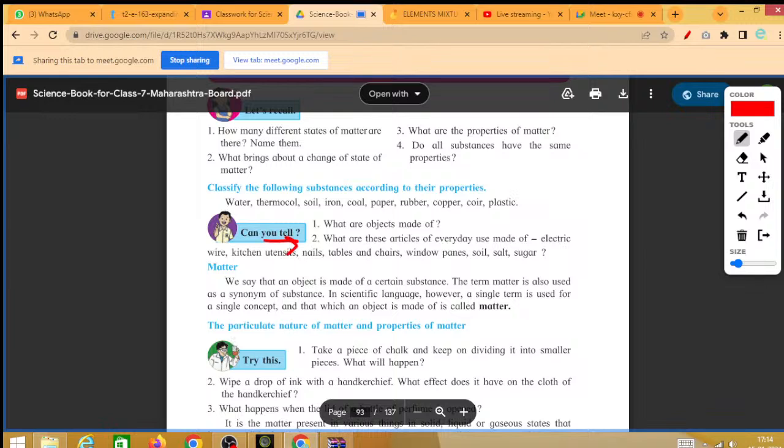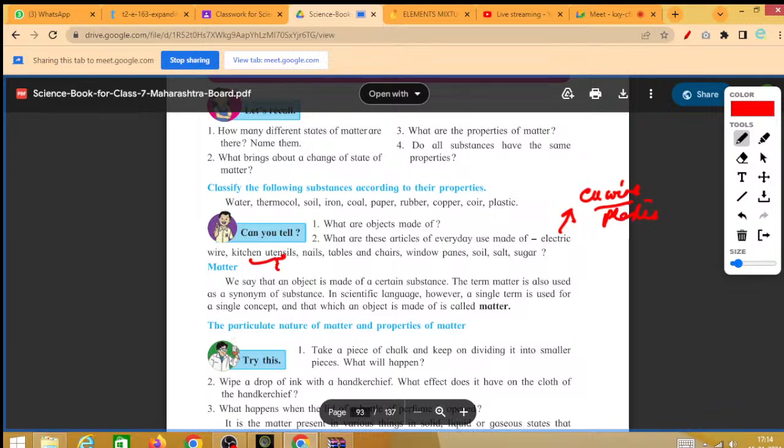Next question, Yukti. What are these articles of everyday use made of? Electric wire, kitchen utensils, nails, tables. Do you know electric wire is made up of copper wire and it has plastic covering over it for insulation.